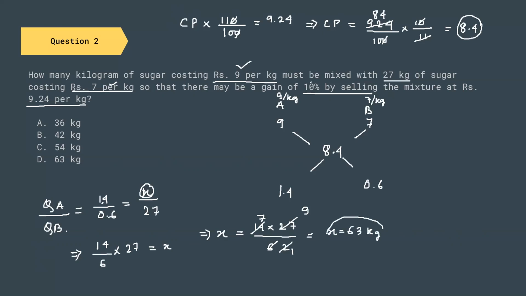So we have to mix 63 kg of sugar costing rupees 9 per kg with 27 kg of sugar costing 7 per kg, so that we can gain a 10% profit by selling the mixture at 9.24 per kg. So the answer is 63 kg.